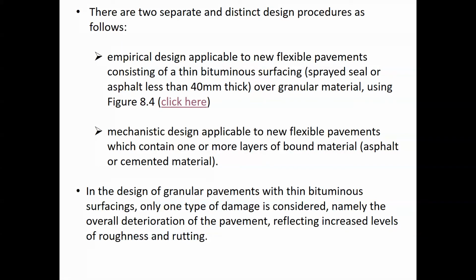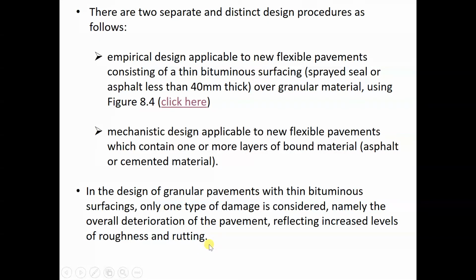Okay, remember we said that for the deformations, we assume that there's no deformation in the base course or sub-base for this granular material pavement. So the deformation only happens at the subgrade.